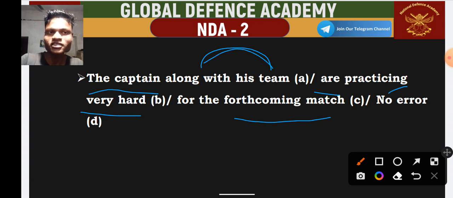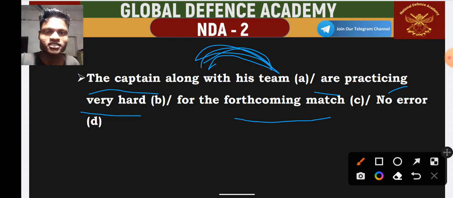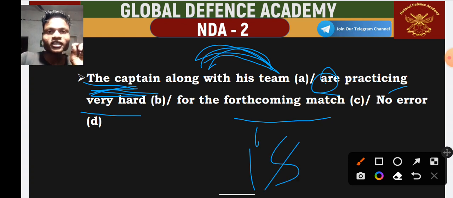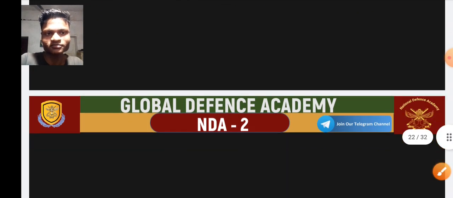Let me underline what I am saying. This statement can also be written with the last section moved to the end of the sentence. So what is the subject? The subject is the captain. The captain is. So in this type of sentence, you always have to break the sentence down in all possible ways. One possible way is first subject and then verb. Is this clear to all? Okay, go ahead.